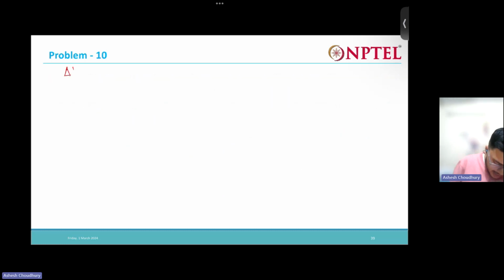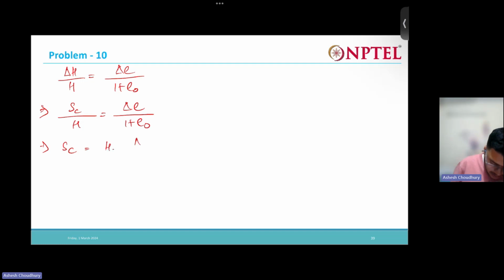Delta H by H is delta e by 1 plus e naught. So delta H is nothing but the consolidation settlement. So settlement is H into delta e by 1 plus e naught.